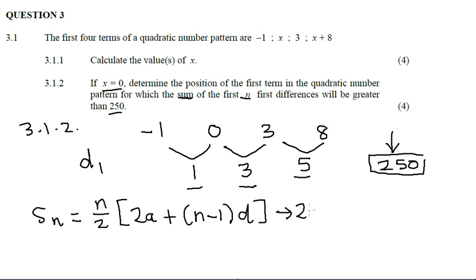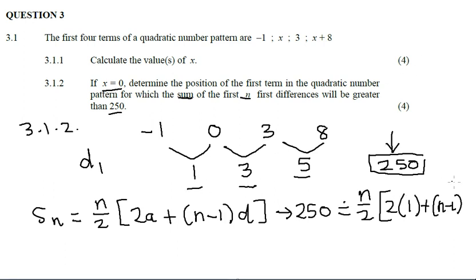So 250 is equal to n over 2 into 2 times a, which is 1, plus n minus 1, and your common difference in your first difference number pattern is 2.